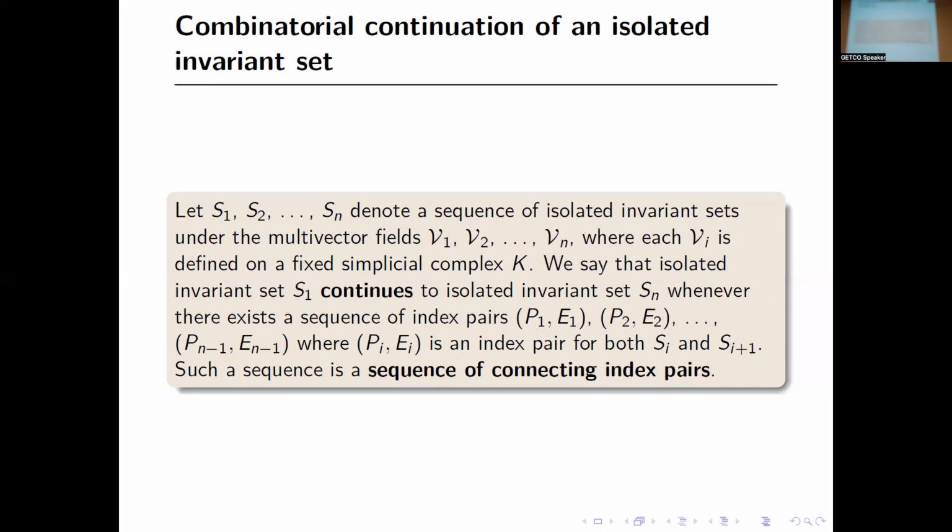An index pair uniquely determines the isolated invariant set inside. So to have this continuation for Si, we require that we can find an index pair that is both a valid index pair for our current multivector field and the next one.